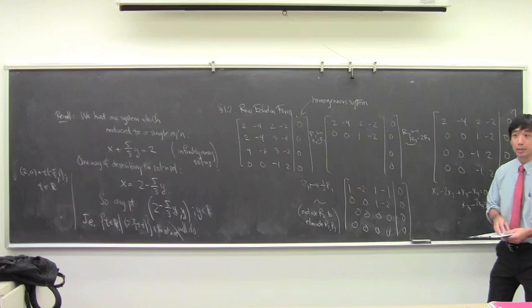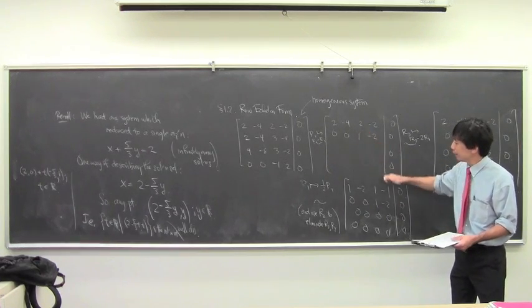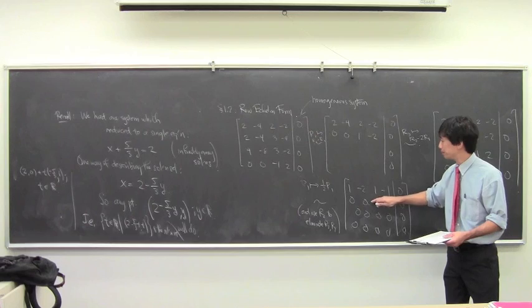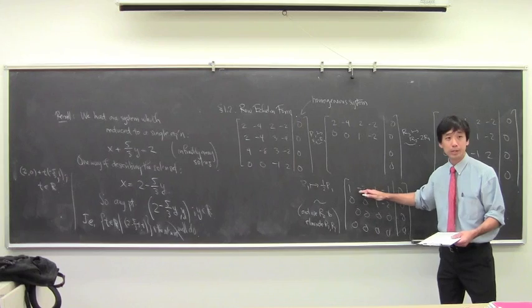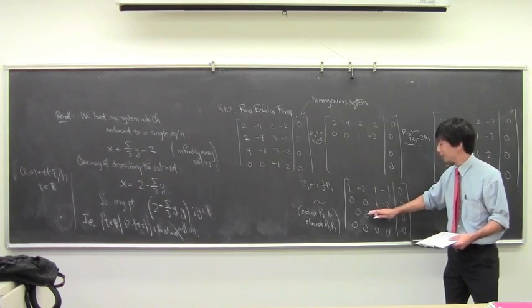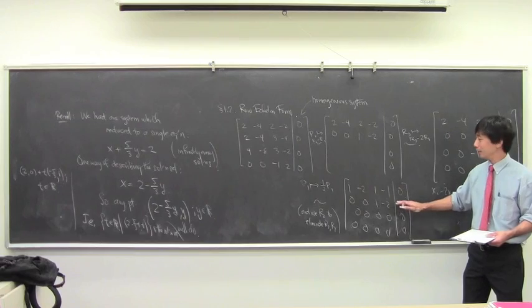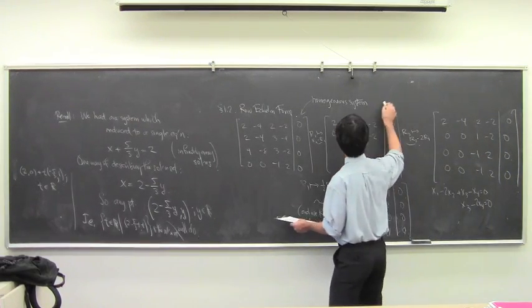Just a terminology: this process of reducing down to a form where you've got 1 as the first thing in each row, and then more and more zeros and then 1s, is called Gaussian elimination.